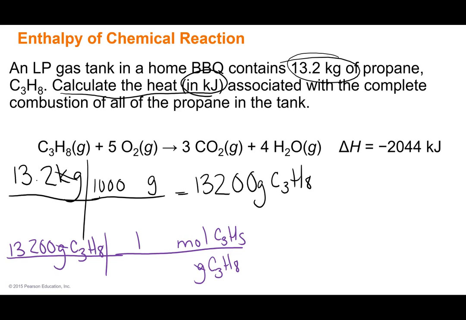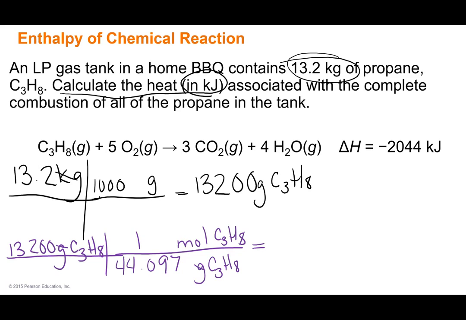So typing into my calculator, carbon's molar mass is 12.011, and I've got 3 of them, so times 3. And I'm going to add that to hydrogen's molar mass, which is 1.008, and there's 8 of them. So the molar mass for propane is 44.097.